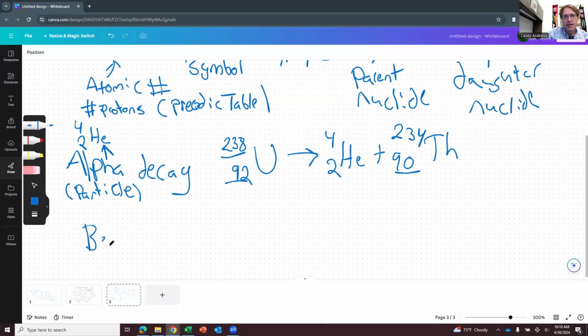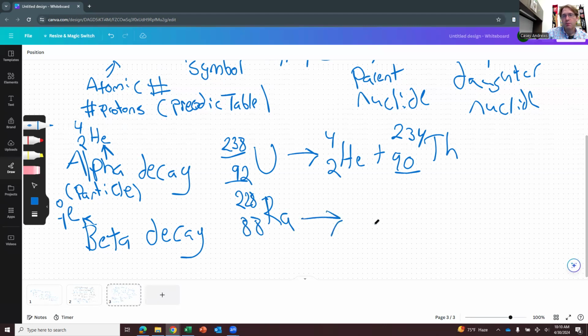How about a beta decay? What's a beta particle? A beta particle is just an electron, so it's an e with 0 on top and minus 1 on the bottom. Let's look at radon-228 as our example here. If I'm going through a beta decay, I'm going to make an e 0, minus 1.